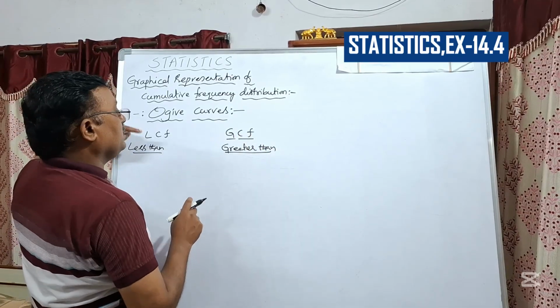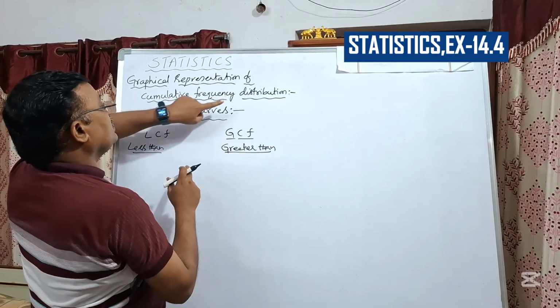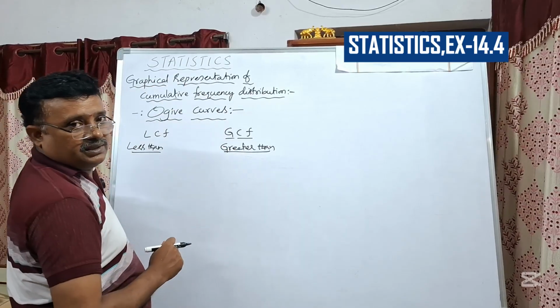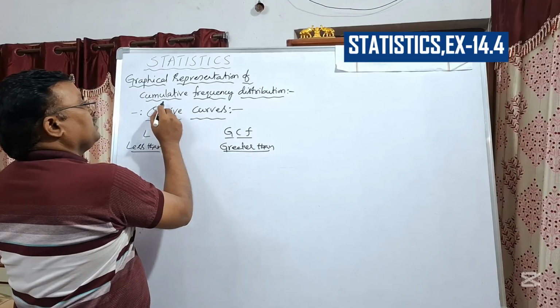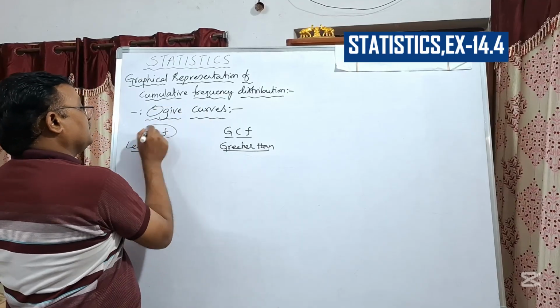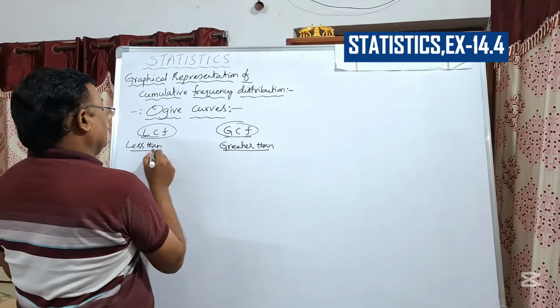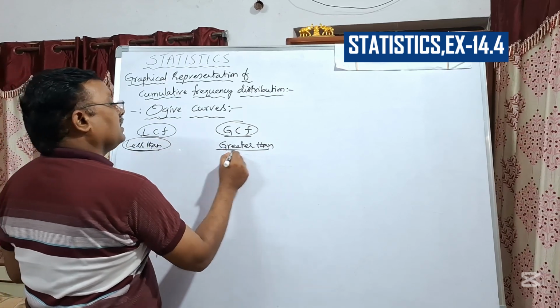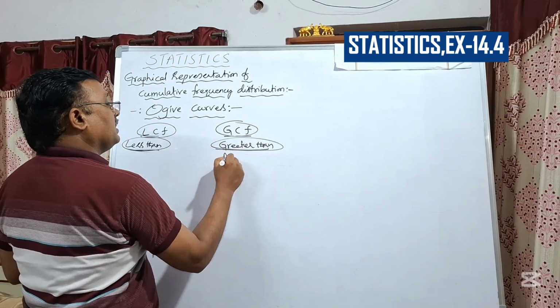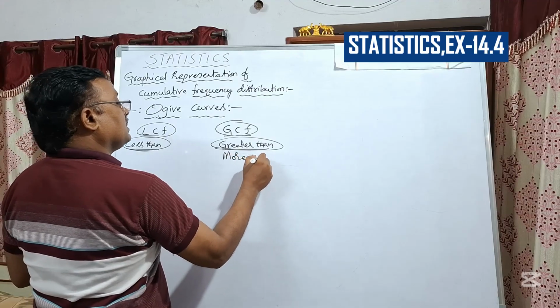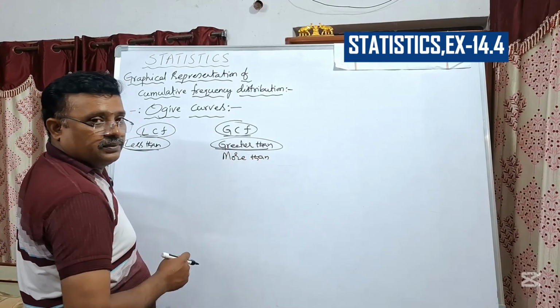We are going to know about their graphical representation. Cumulative frequencies are two types, LCF or GCF, that means less than type or greater than type. Sometimes it is also called more than type.